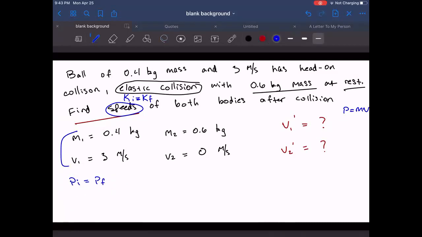But then we say, okay, what is the initial momentum? That's the initial momentum. It's equal to pf, but it's also equal to the sum of all these momentums. So what would I put right here? Right, for this equation for initial momentum, what is p1 equal to?